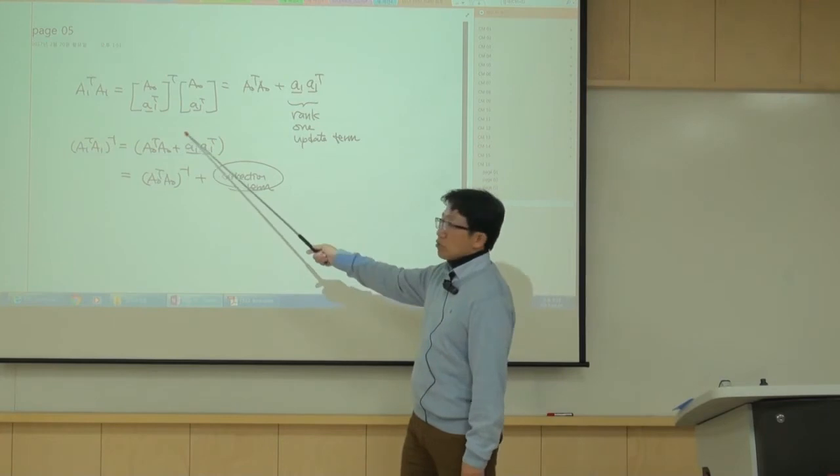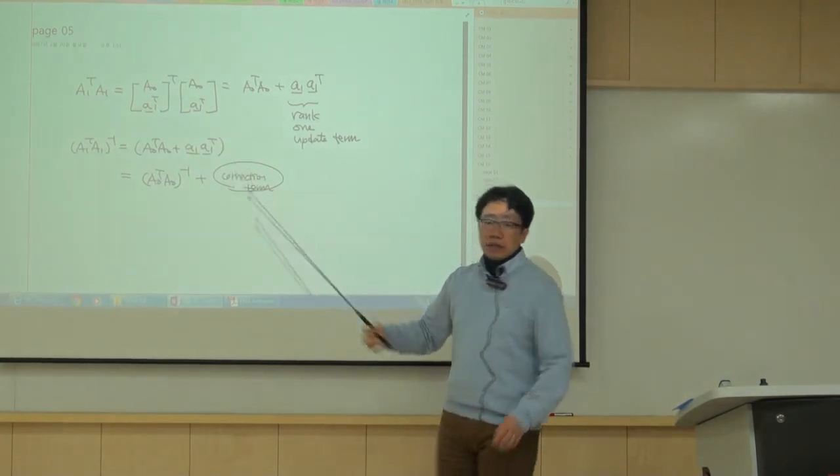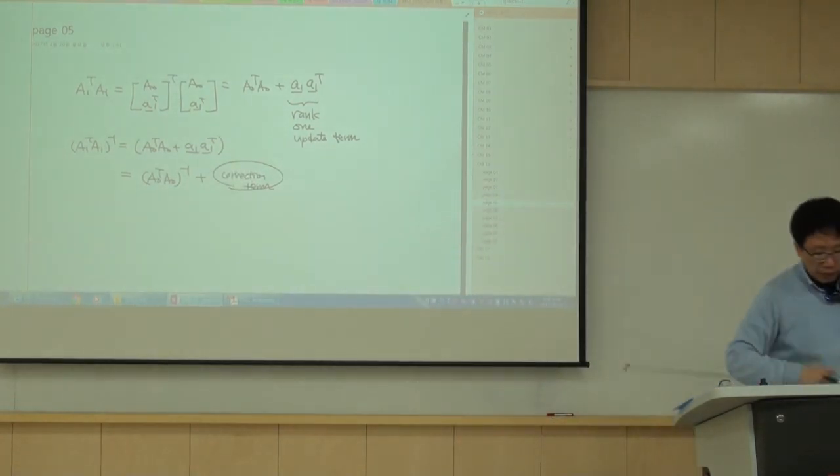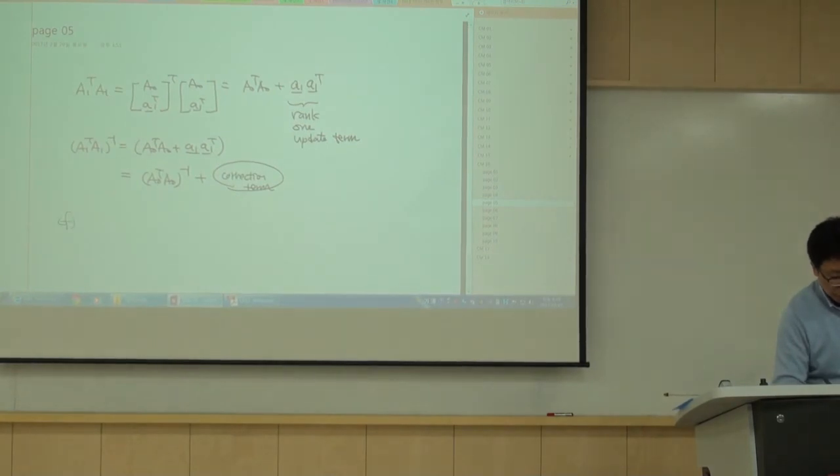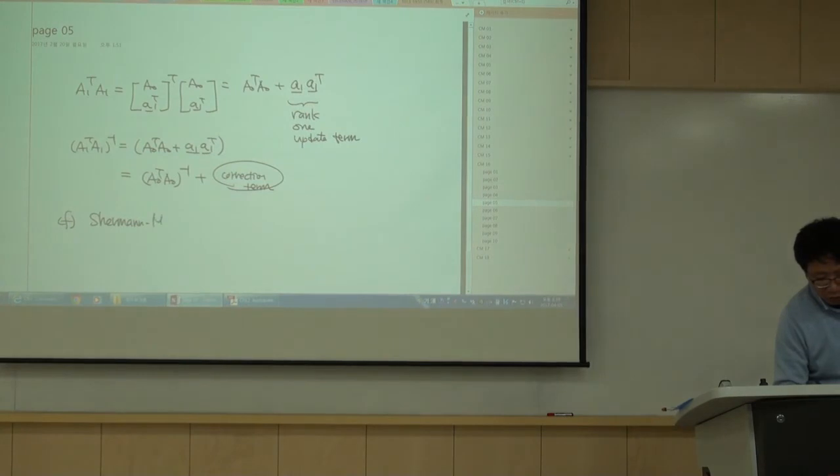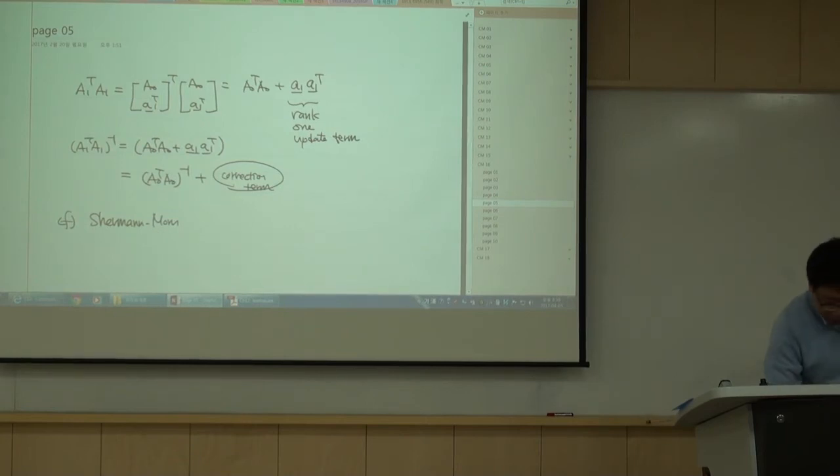In this case, this is rank 1. Now you remember the Sherman-Morrison, how many R's and how many S's and how many N's. I'm not sure whether there are 2 N's or 1 N. 1 N, I guess.